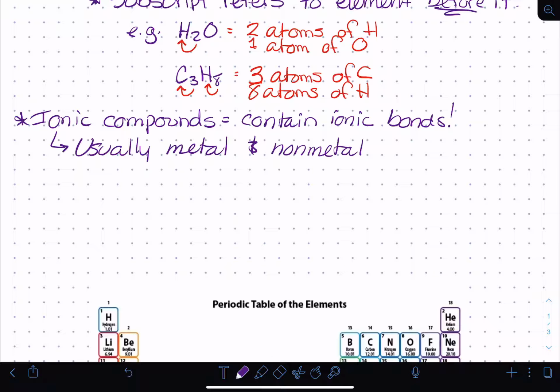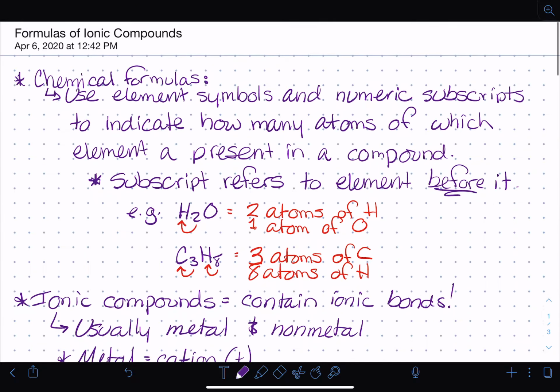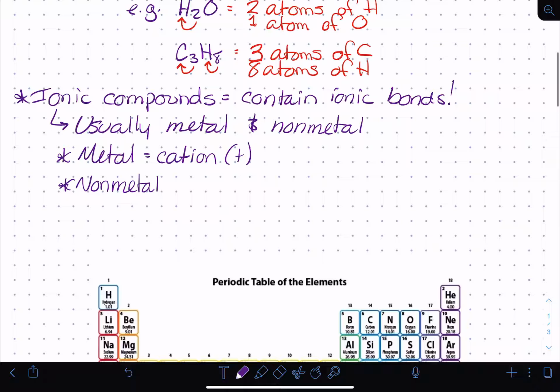So in these compounds, the metal will be our cation, the positively charged ion, and the nonmetal will be our anion, or a negatively charged ion.